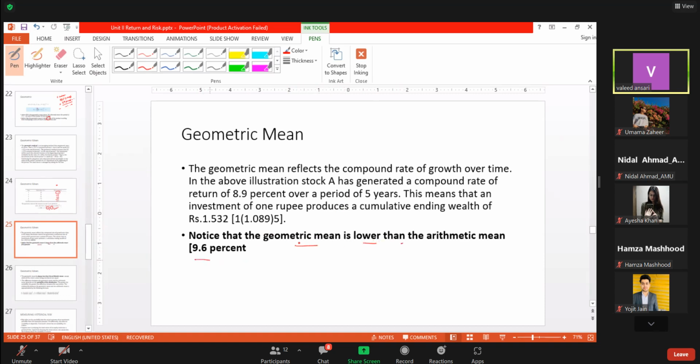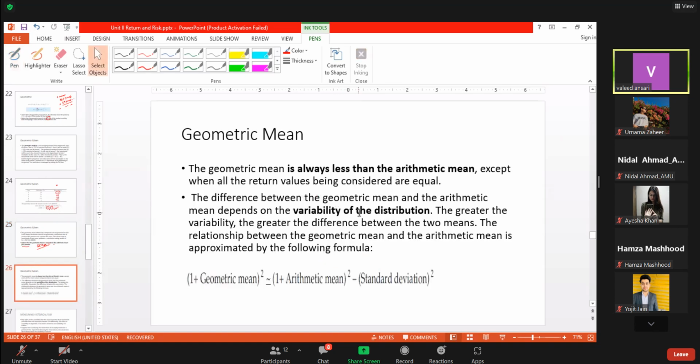Okay. So naturally, geometric will always be lower than the arithmetic mean because of this. And the more the dispersion, I mean, the variation, the swing in returns like this, the more will be the difference. So that is why an approximate formula is that, when you look at this, it comes out to be like this: 1 plus geometric mean is equivalent to 1 plus arithmetic mean minus standard deviation.